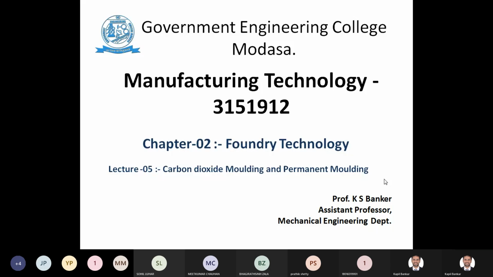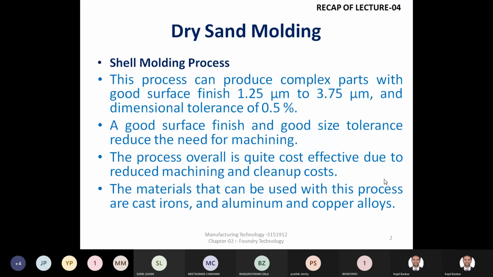So in lecture number 4, we were discussing the shell molding process. Shell molding is a process in which you can create any complex part, and you may use materials such as cast iron, aluminum, and copper alloy. With the help of this process, you can also get a good surface finish as well as good size.